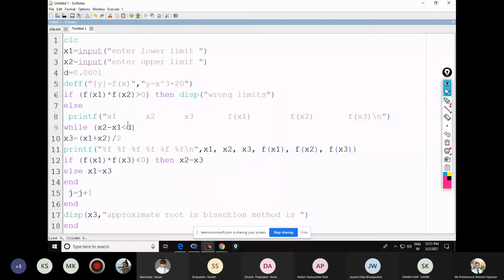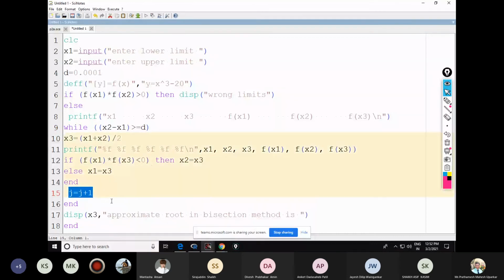So instead of applying this particular phenomena, I want this particular number x2 minus x1 is strictly less than d, and if it is greater than or equal to d, I will repeat this iteration.